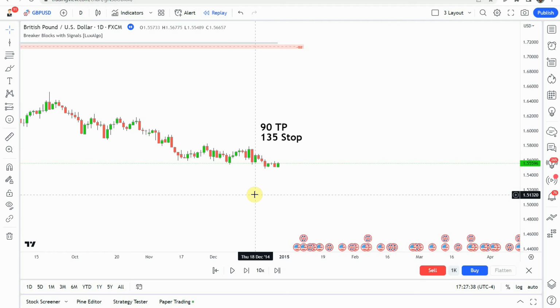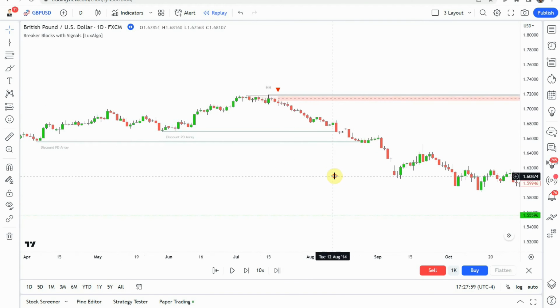If we can't even get one trade or one signal out of it in the 1 year's time, then it doesn't do us much good. So sometimes we have to tweak how we test it just a little bit, so we can get at least a couple of trades out of it in the 1 year that we're testing it on. Go ahead and scroll back here just a little bit.